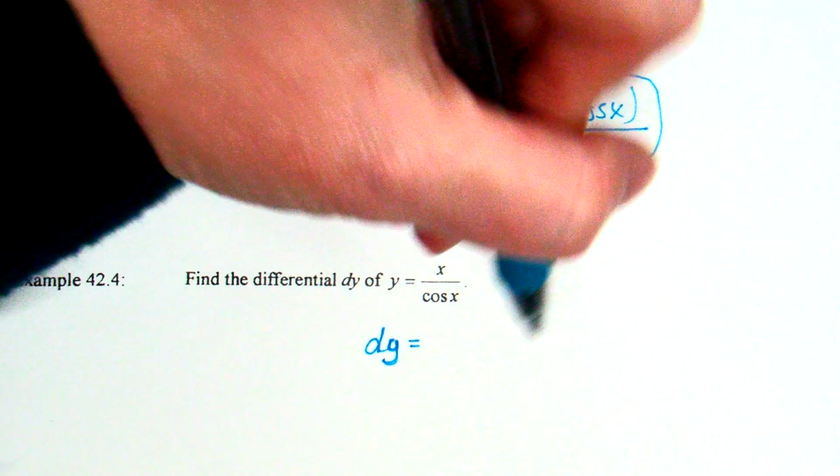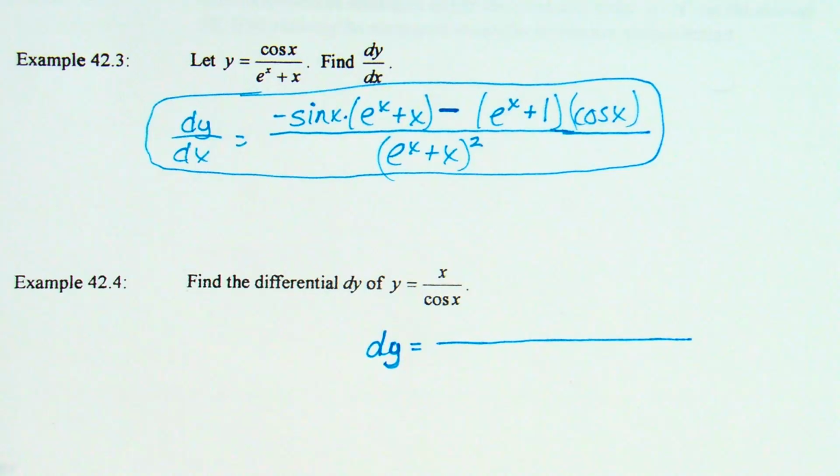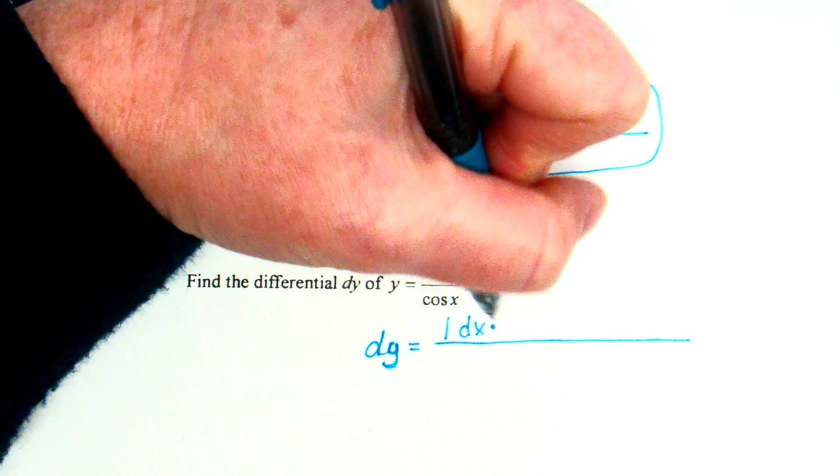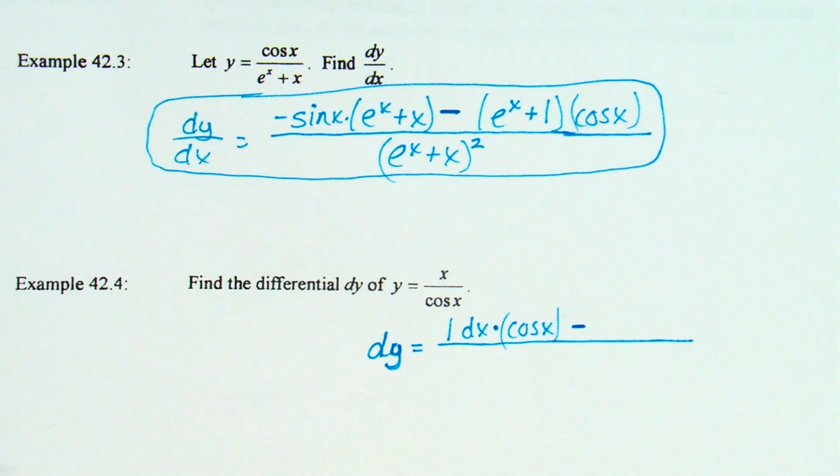On the right, we've got a fraction. So, derivative of the numerator. What's the derivative of x? 1 dx times the denominator. So times cosine x, and then we're going to subtract. Nope, we didn't take the derivative of cosine x, so I don't need another dx there. Okay? Minus.